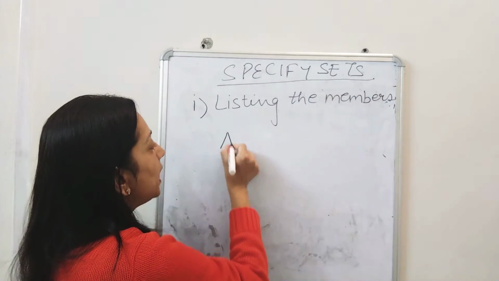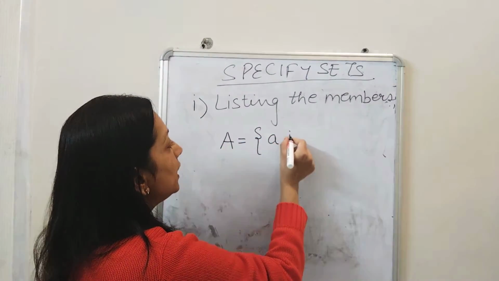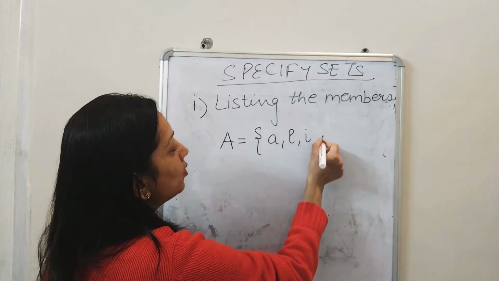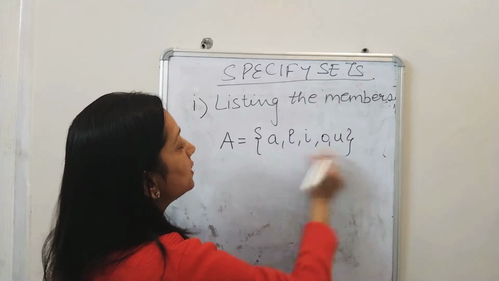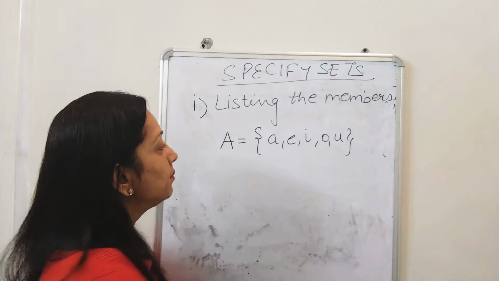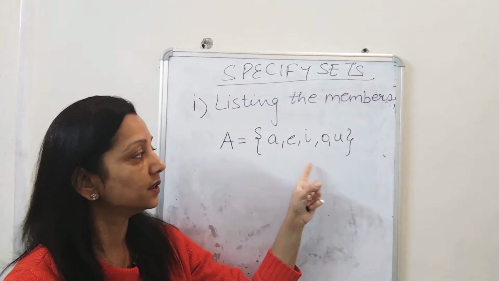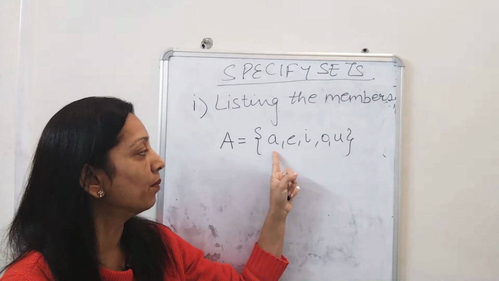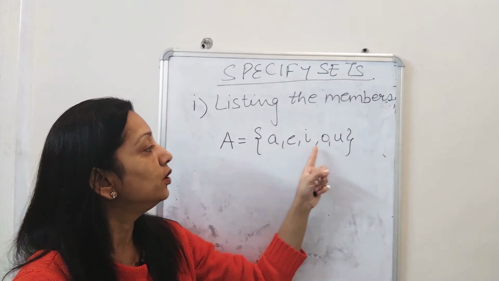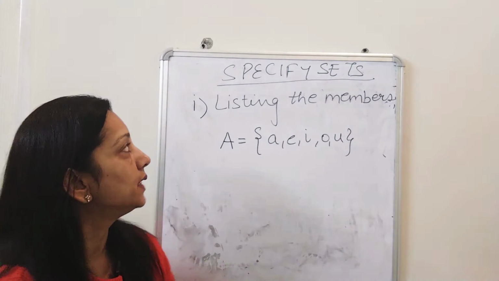Say for example, I have a set A which is a set of vowels A, E, I, O, U. So A, E, I, O, U are its members. I have specified set A by listing out all its members: A separated by a comma, then E, then I, then O and U. So this is one mechanism of specifying the set.